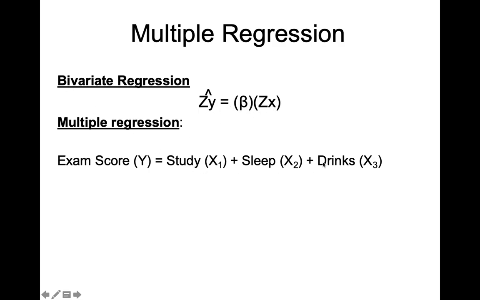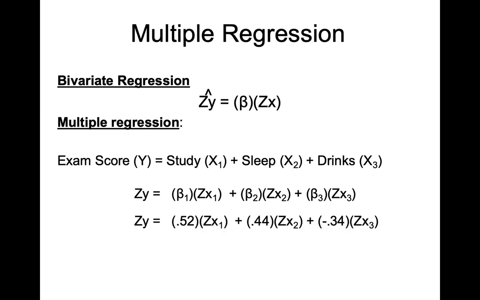We've got both a raw score form as well as a standardized form, and it's very common in multiple regression to look at a standardized form of the regression equation. We're really not going to go over any of the math behind multiple regression.